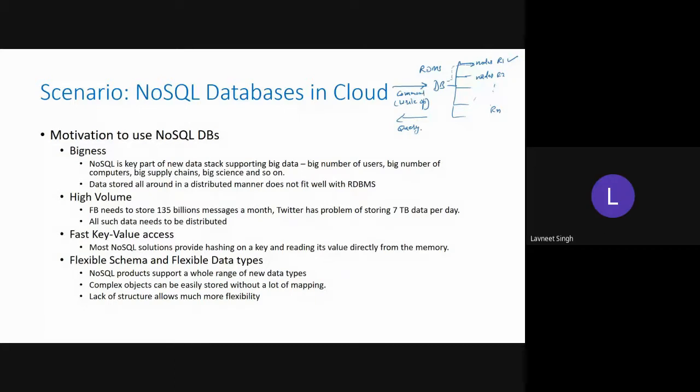Yeah. So if the query comes and let's say the query goes to our N database node, the result should be the state that is here, right? That is the property of RDBMS, that once the data is committed, if you query it back, you will get the latest state.